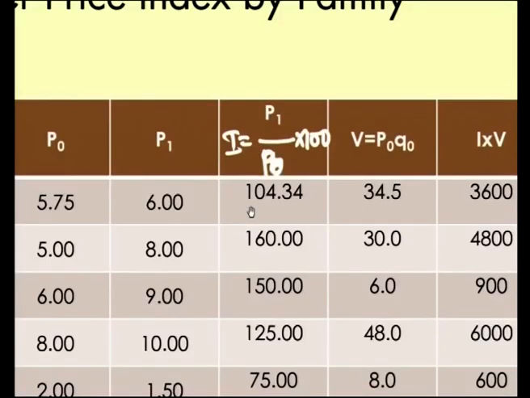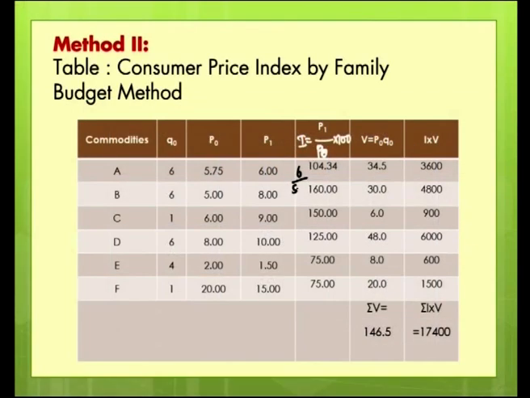That is, this value 104.34 is 6 divided by 5.75 into 100. It is almost like price relatives, current divided by a previous one into 100.